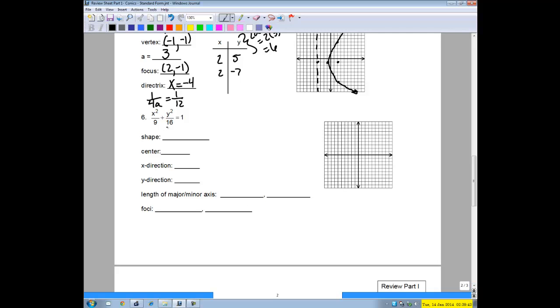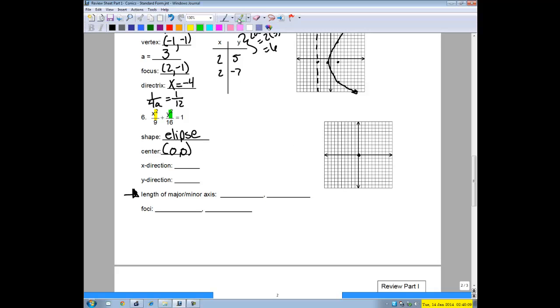This is a circle because, oh, it's an ellipse. I'm sorry. This is an ellipse because it's the only thing that has major and minor axes. So an ellipse with a center, you see what's next to your x and what's next to your y. Since nothing is there, your center is at 0, 0.